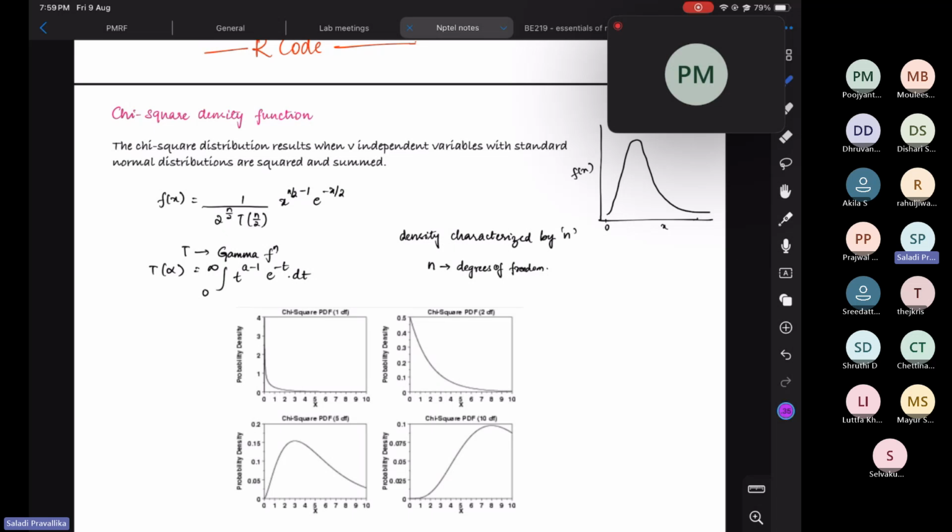We have some number of independent variables, and all the variables have different normal distributions. So what I do is I take all these normal distributions, I square all of them, and I sum all of them. You don't have to get too deep into it.